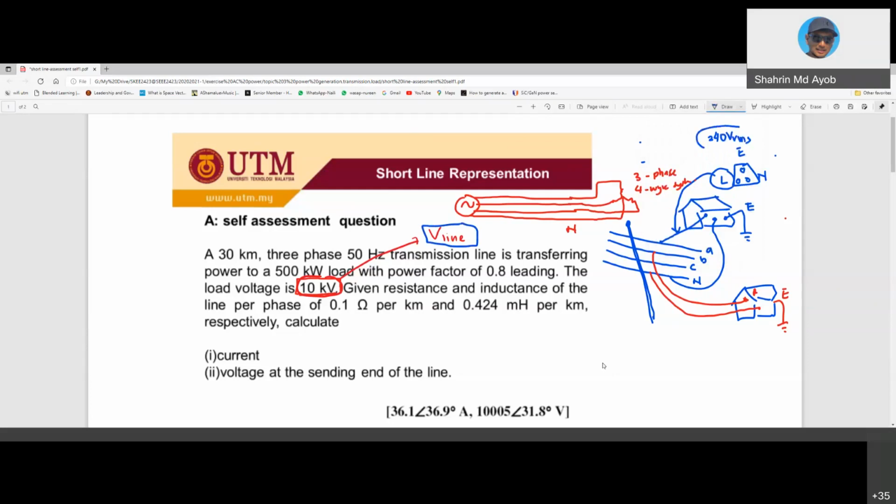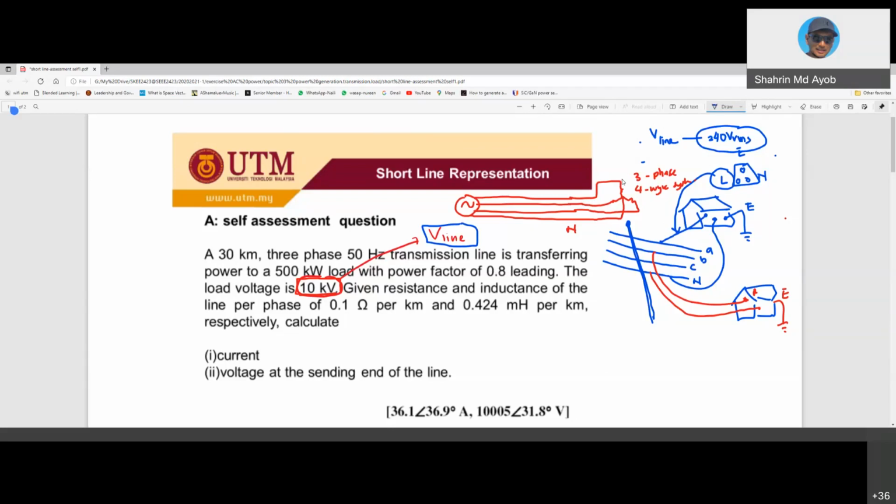This one is actually V line, not V phase. In TNB or in our power utility design, the voltage that we always talk about for the three-phase system always refers to the V line.